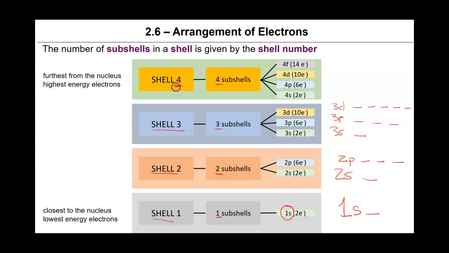From the 4th shell onwards, we have 4 subshells. So for example, for the 4th shell, we would have 4s, 4p, 4d, and 4f. 1 orbital in the 4s subshell, 3 orbitals in the 4p, 5 orbitals in the 4d, and 7 orbitals in the 4f.